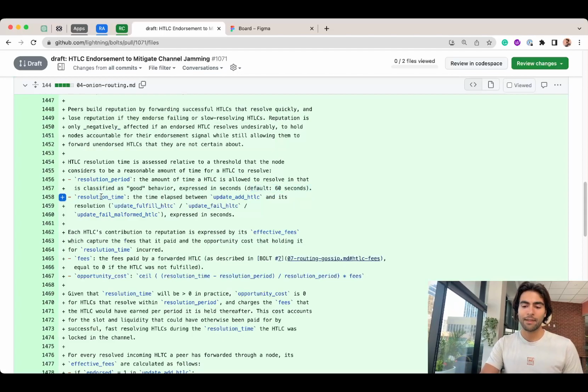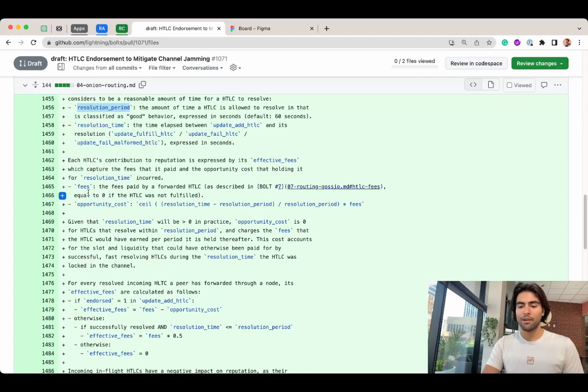The next variable is resolution time. This is the actual time that it takes an HTLC to resolve, either get fulfilled or fail. The good outcome is for this resolution time to be smaller than the resolution period. We don't want the resolution time to be longer than the resolution period.